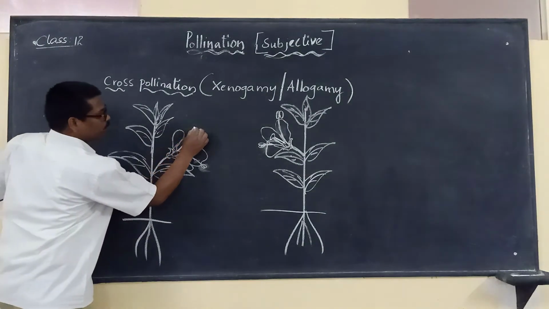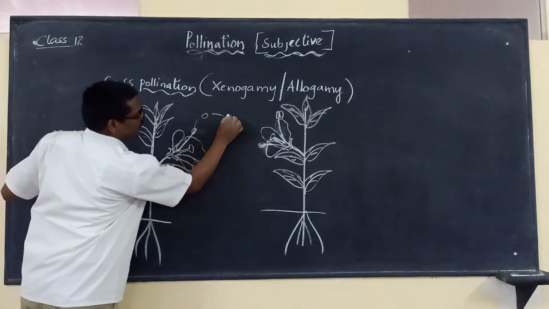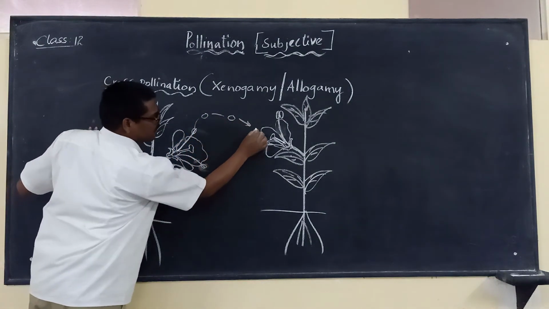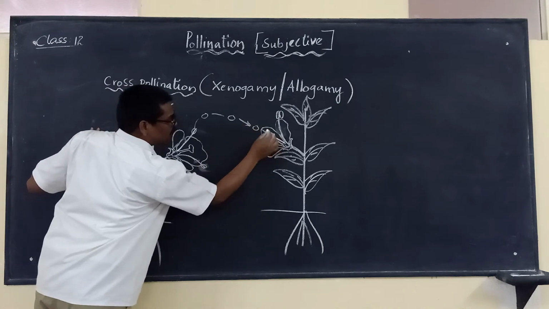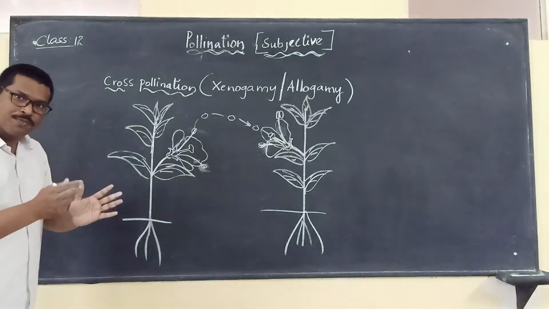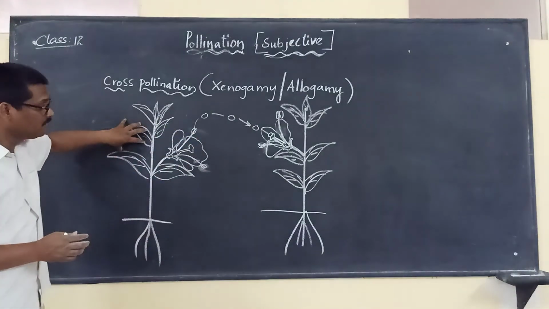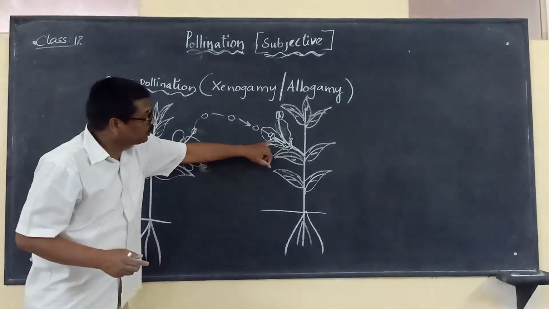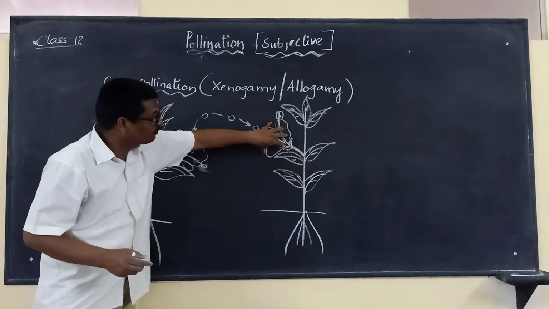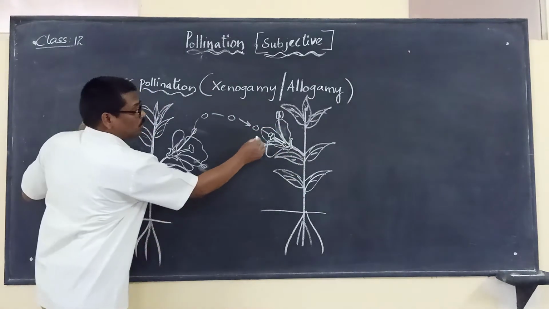Here are the pollen grains that are traveling through various agents. They come and fall on another flower.